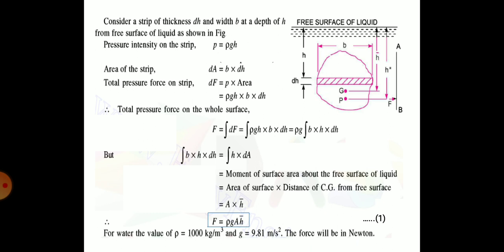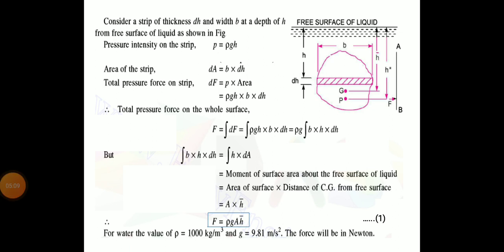Now consider a strip of thickness dh with width b at a depth of h from the free surface of the liquid. The pressure intensity on the strip is equal to rho g h, and the area of the strip is b into dh.